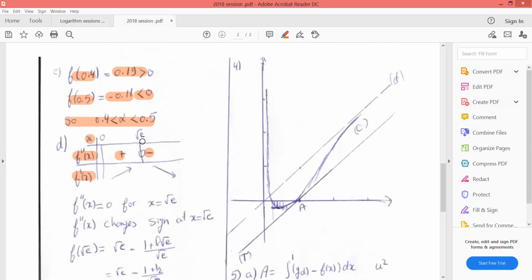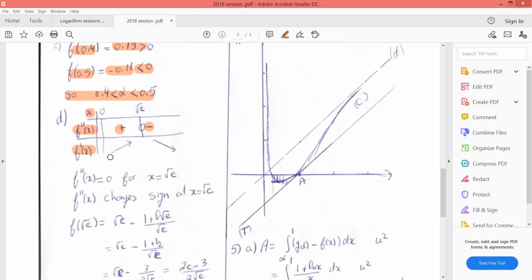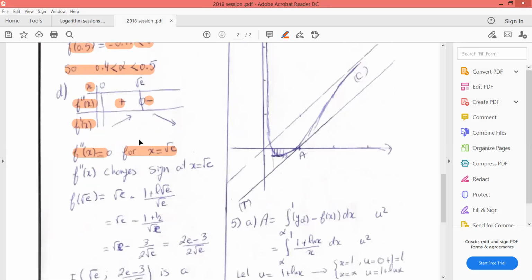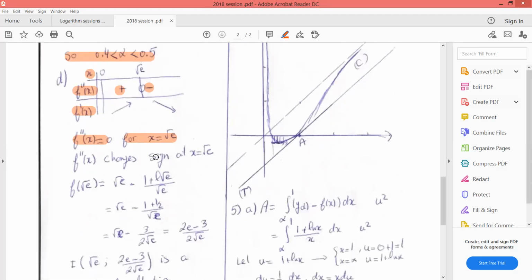So f double prime of x equals 0 for x equal radical e, and f double prime changes sign from positive to negative, so we have a point of inflection. To find the ordinate, I calculate f of radical e.